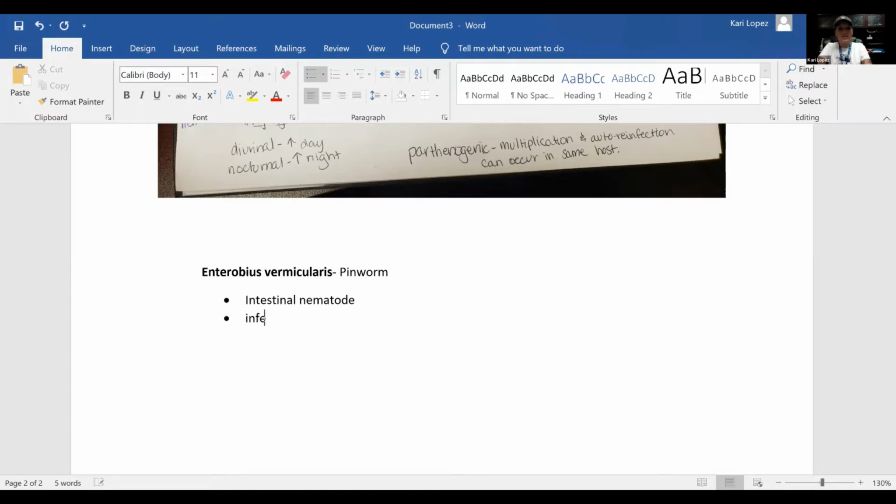The infective stage is going to be your embryonated ova.